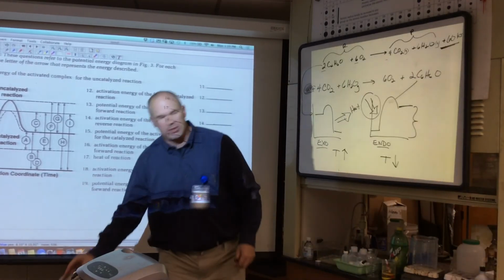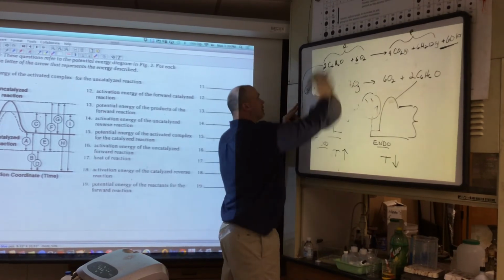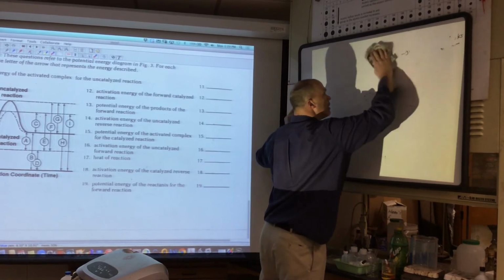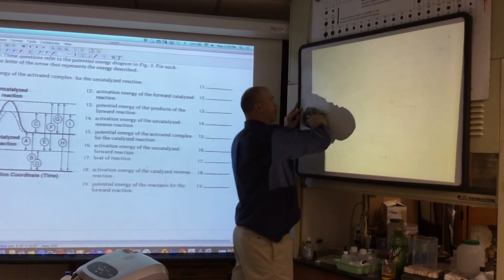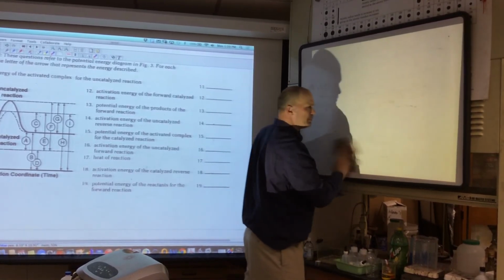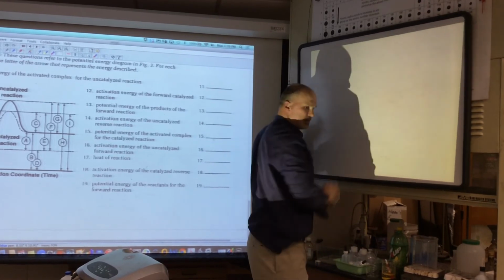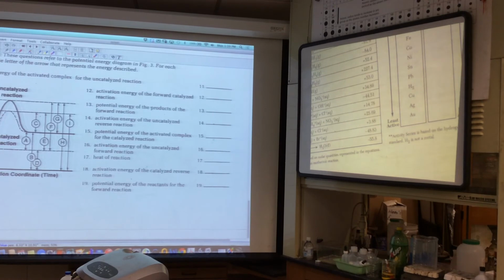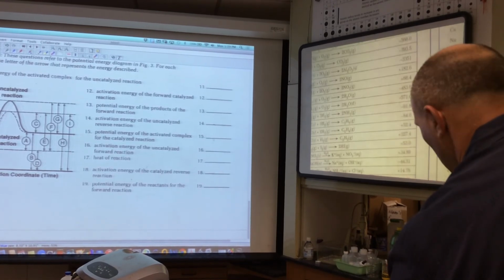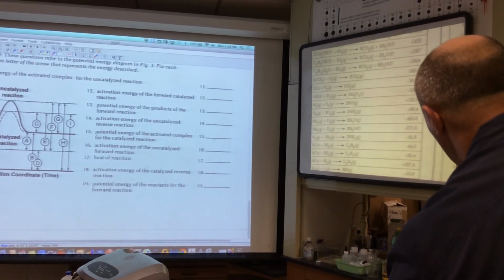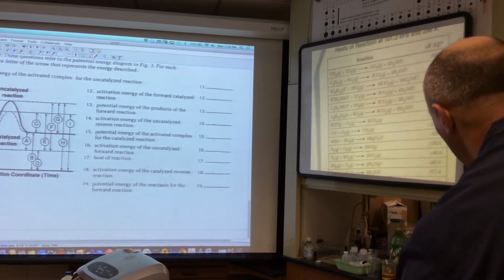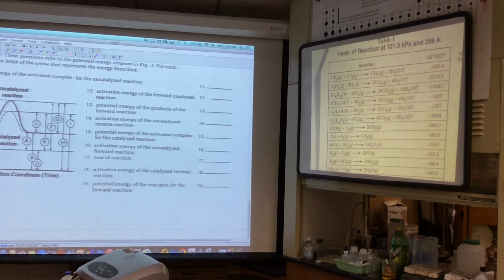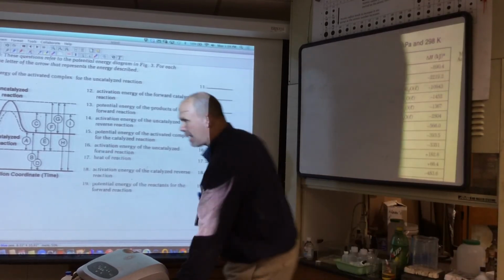Five more minutes and we're going to start a lab. Okay. Introducing for the first time, or maybe the second time, Table I. Now, Table I has some reactions, and notice, party people, it has delta H's.